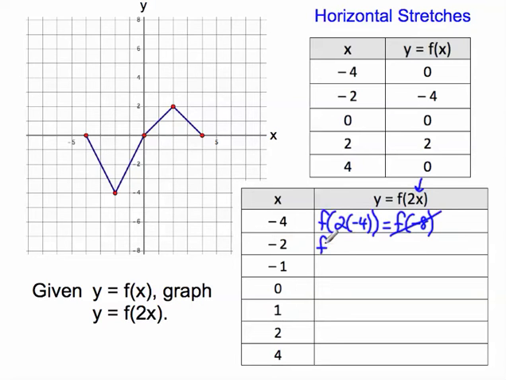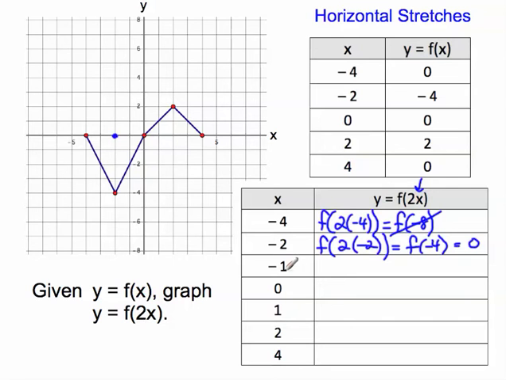When x is equal to -2, we plug 2 in there. We get f of 2 times -2, rather, is equal to f of -4, and this one we can evaluate. We look above and we get f of -4 is equal to 0. So now we know that we have the point -2, 0, which is going to be over here on our new graph.